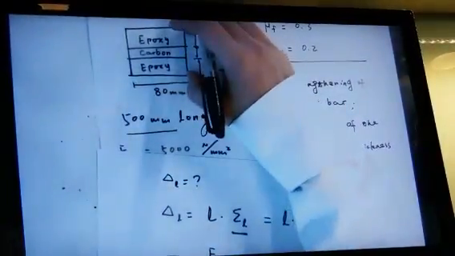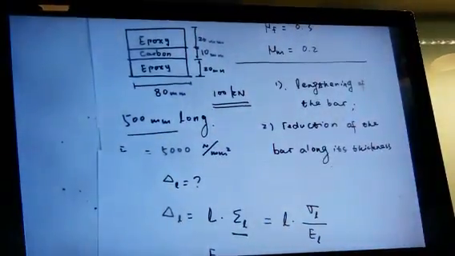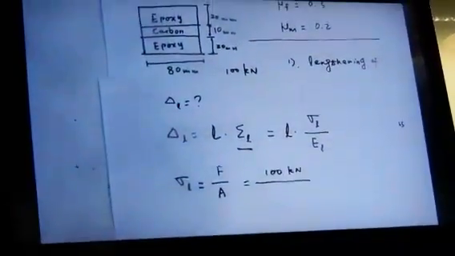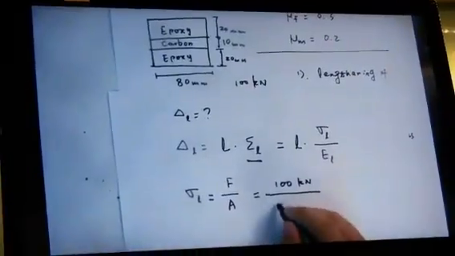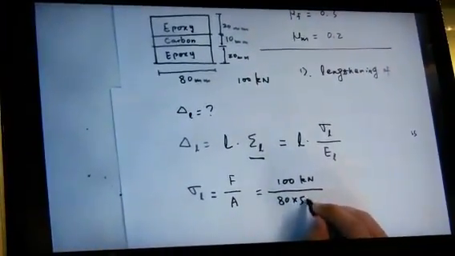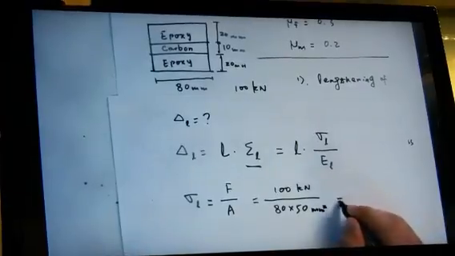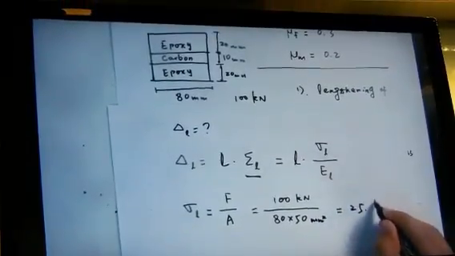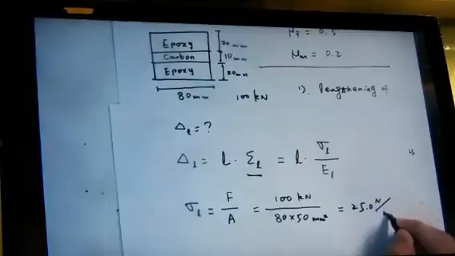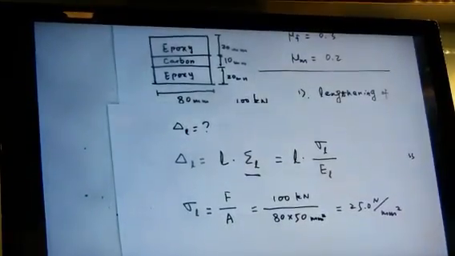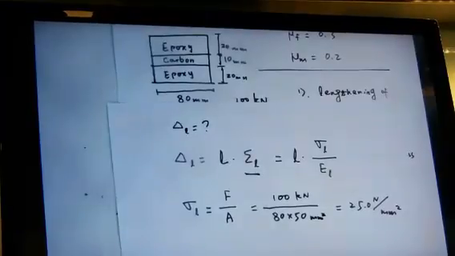You know the width, you know the height, right? 80 millimeter times 50 millimeters. So you will get 25 Newton per square millimeter. This is sigma L. Force divided by the area gives stress.